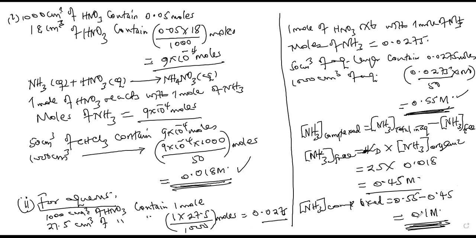Then part 3, they want us to get the value of N. But to get the value of N, we need to determine the concentration of the metal ion. And since we have the complex, then it is very, very easy.